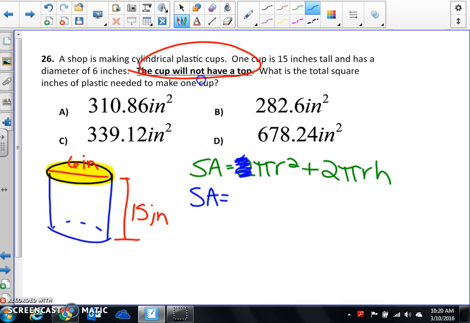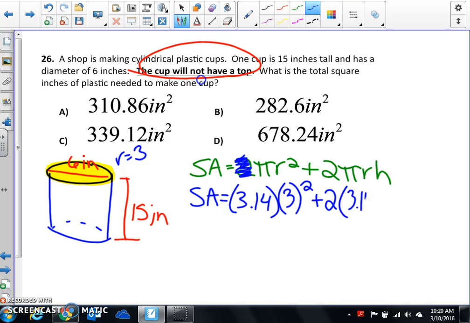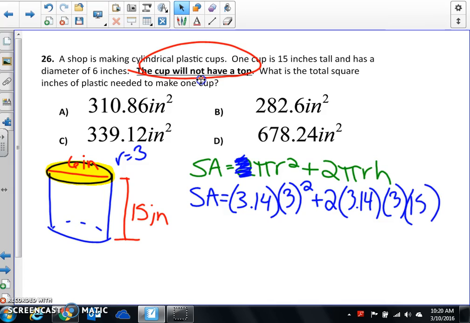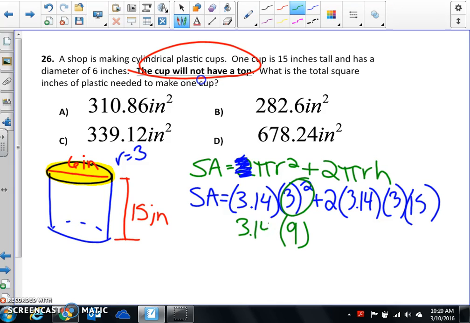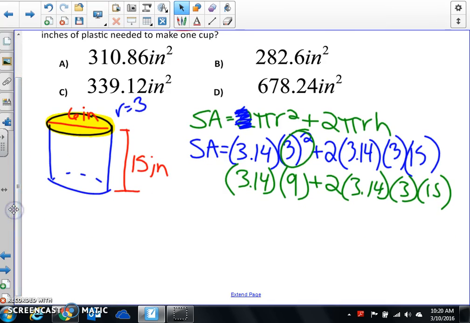All right, therefore now we can just start plugging in. So 3.14, the radius is going to be 3 because the diameter was 6. We got to cut that in half. Plus 2 pi r h. All right, we do 3 squared, which is 9. All right, and now we can start chunking it.